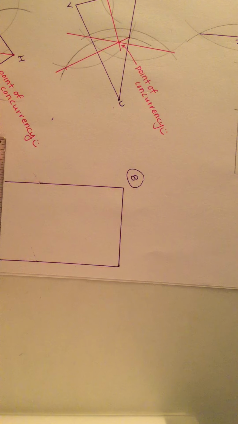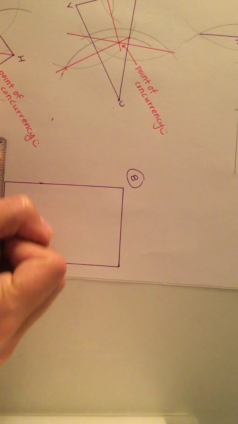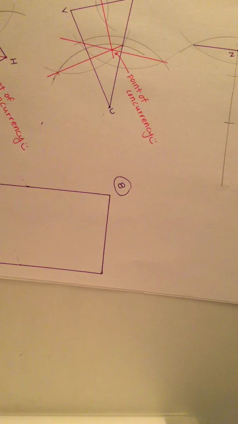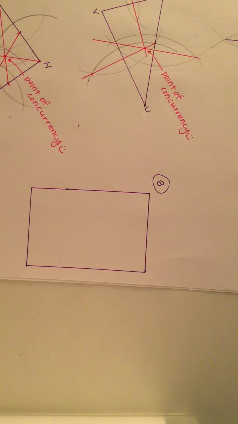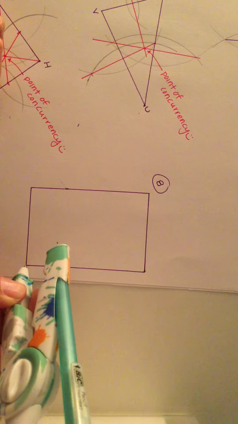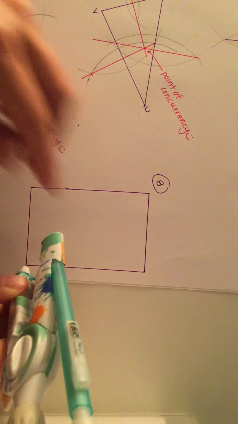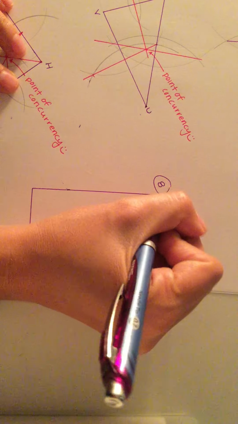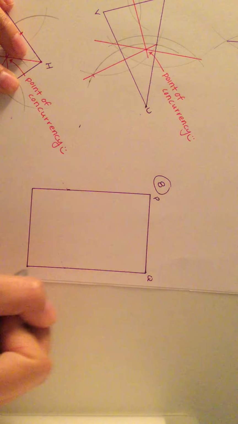And then, since they're each the same distance from the original side, we should have a rectangle just like this. Okay, so now I want to construct the midpoint of each side. Oh, I forgot to label, sorry. This is rectangle PQRS.